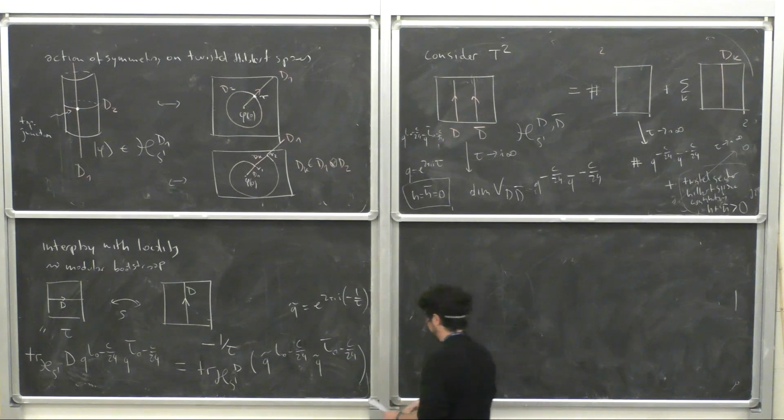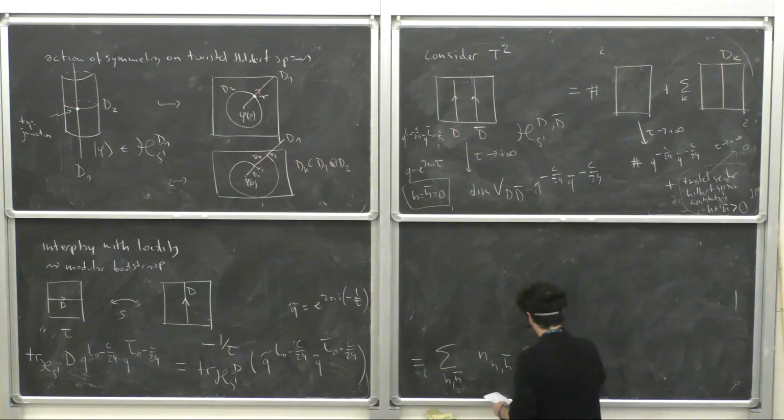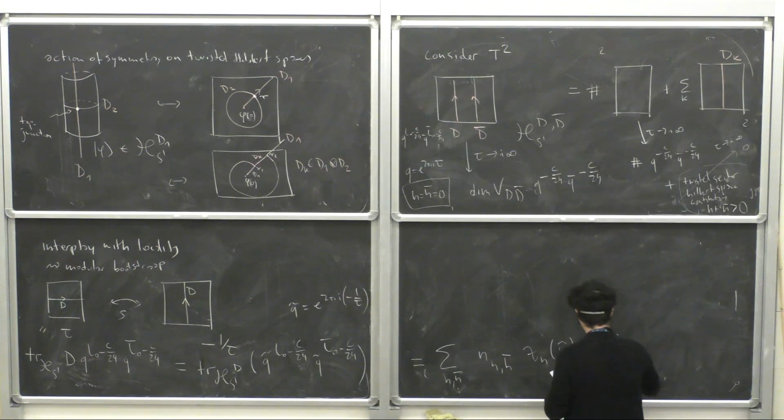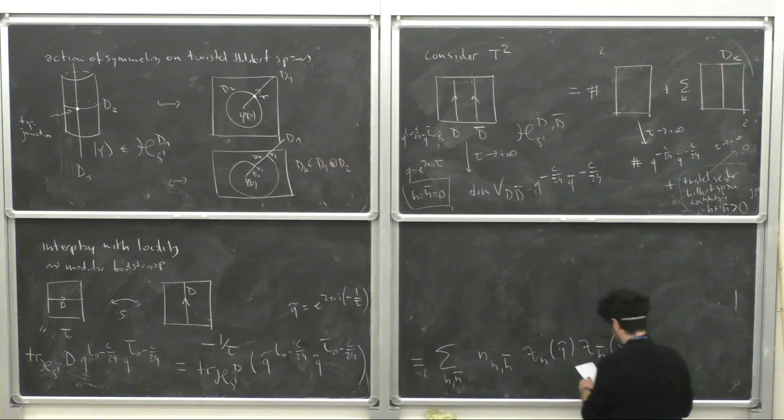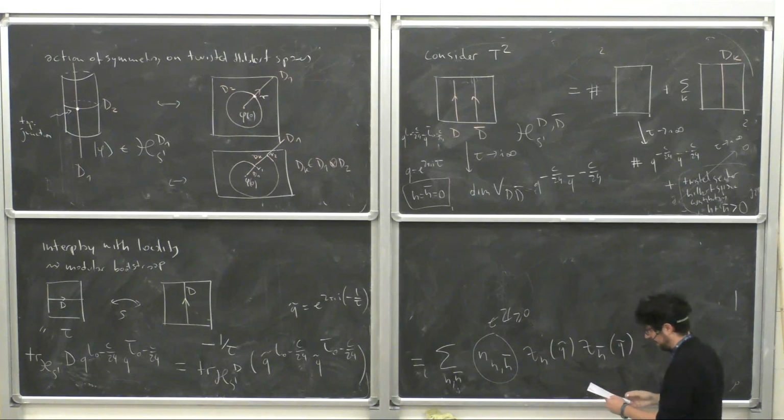And this gives rise to, again, an integrality constraint, like the one that we've seen earlier today. So we have a sum over h and h bar of n(h, h bar) times chi_h(q tilde) times chi_h bar(q tilde bar). These are, again, going to be positive integers. These are, again, going to be Virasoro characters.